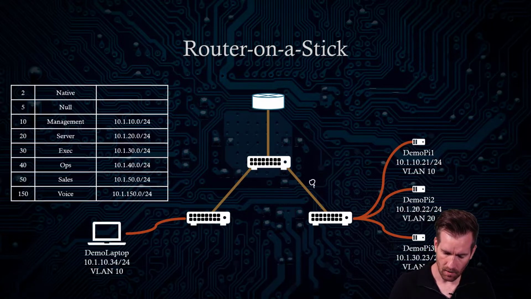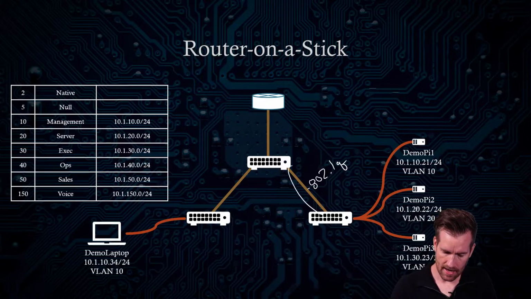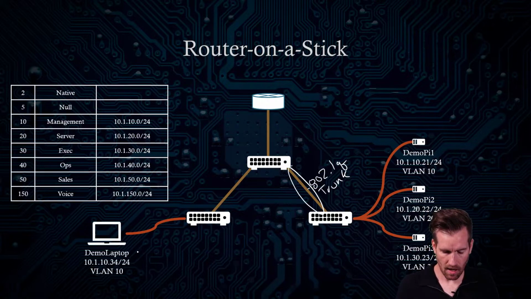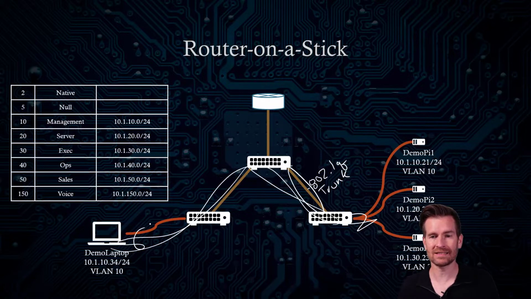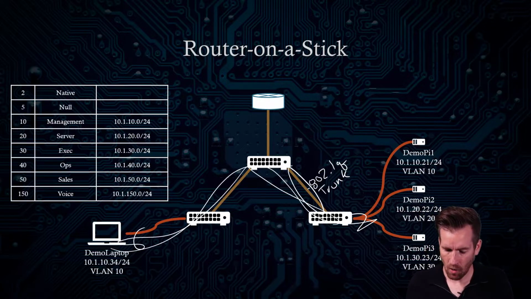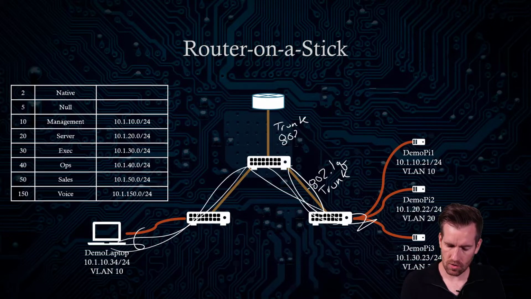We've set up already in one of our prior videos 802.1Q on these lines to turn this into a trunk line so that all the VLANs can communicate across these devices. Well, we can do the same thing right here. We can set this up as a trunk line, so it has that 802.1Q tag on there.